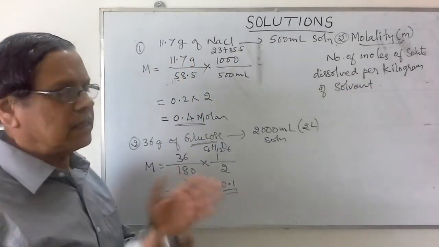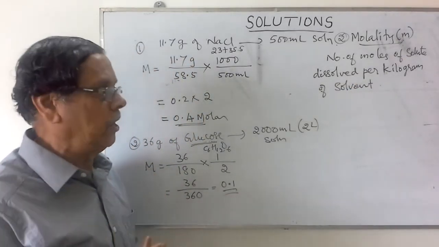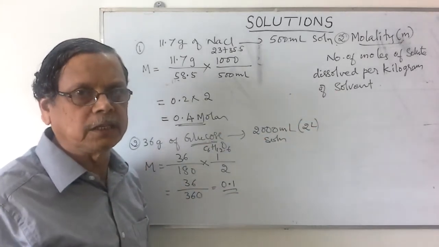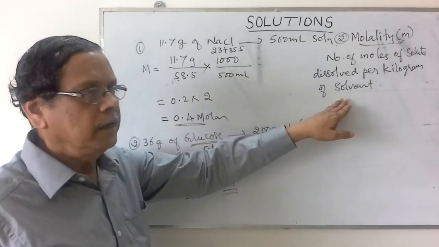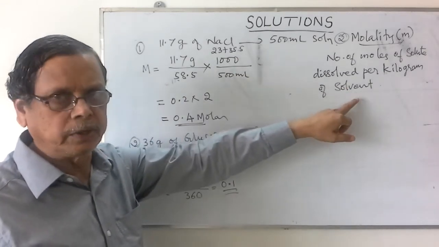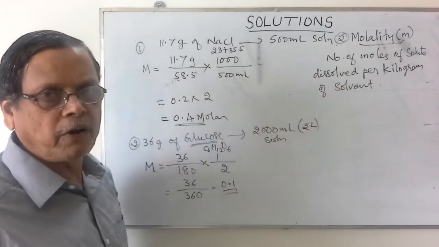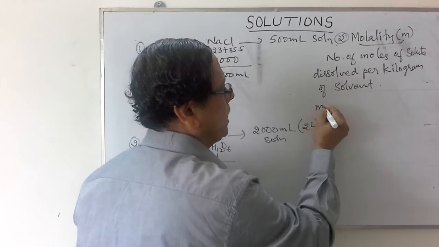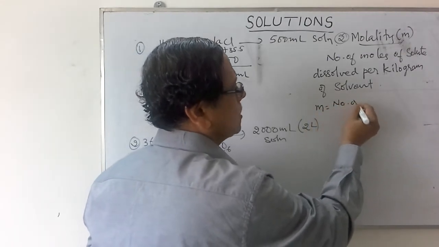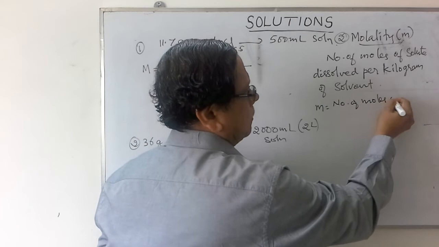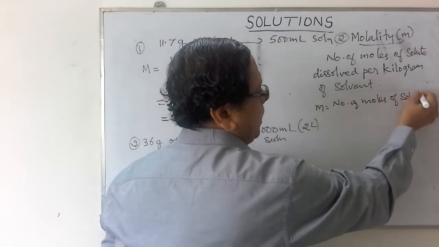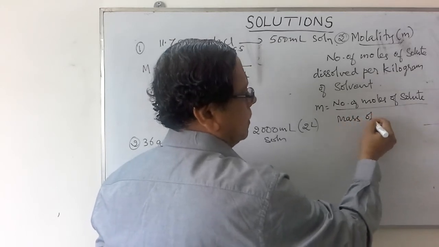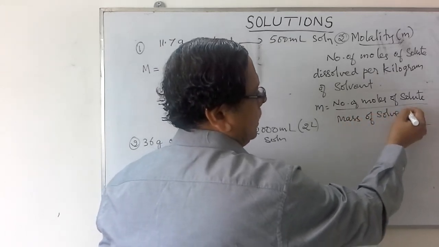When you dissolve a certain number of moles of the solute in a certain amount of solvent expressed in terms of mass, convert the mass of the solvent into kilogram. Then you calculate the number of moles per kg of the solvent, that will give rise to molality. So we can write molality is equal to number of moles of solute divided by mass of solvent in kg.